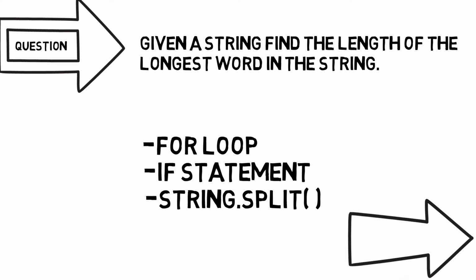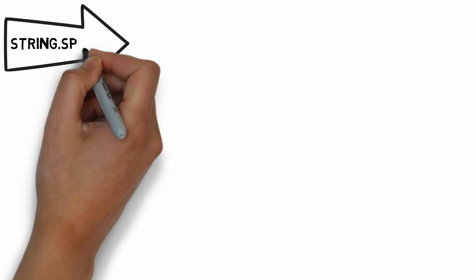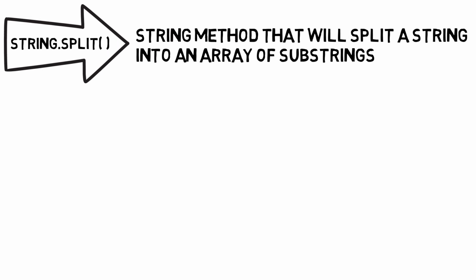Last lesson, we looked at the string indexOf and lastIndexOf methods. This method on the string will split a string into an array of substrings. You can pass arguments into the parentheses to determine how many substring elements in the array it will turn your string into. So let's take our car from our last lesson, our Honda Civic.